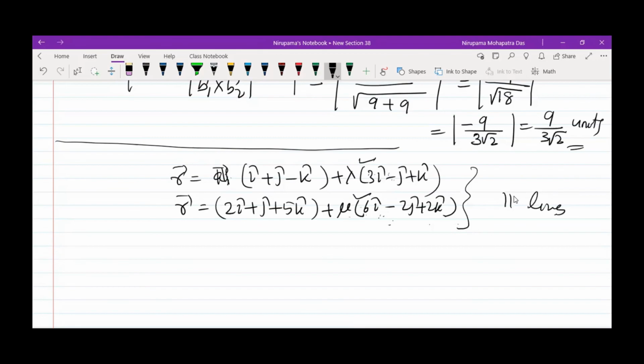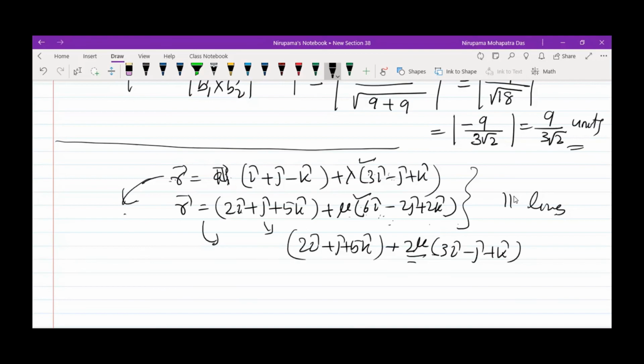For the second line, taking 2 common, 2 mu, which is again a constant, times (3i minus j plus k).